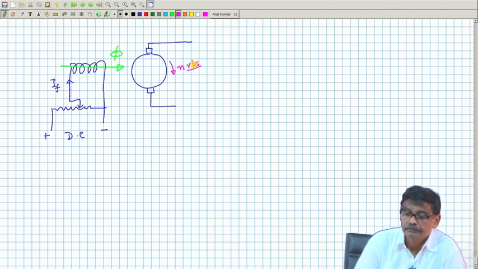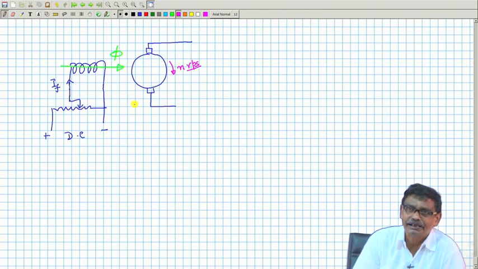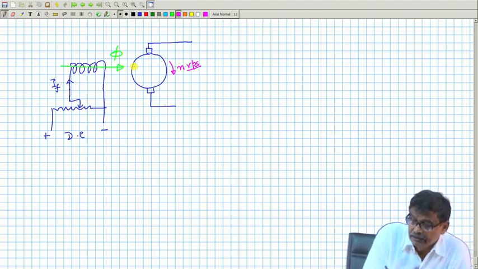Then from this diagram, I will not be able to tell whether this is plus, this is minus brush, that is not possible. But what is possible is, there are conductors here. I am drawing a representative conductor, and this pole is what?